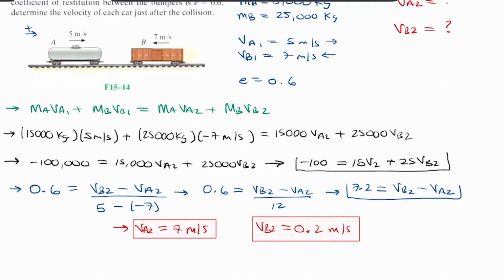Okay, so notice how the car that had the most mass, in this case car B, was more massive, it had more momentum at the beginning. After they crash, because it's also really hard for it to move, they end up having different values. Oh, in this case, 7 meters per second, but I think I forgot to add the sign.